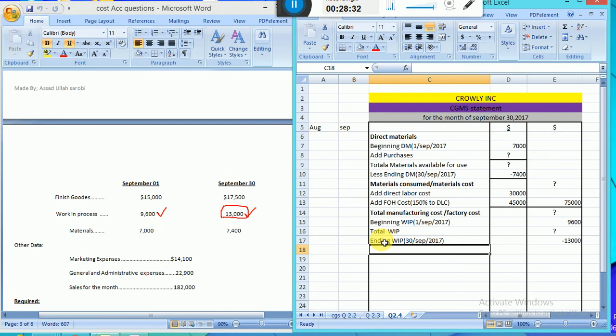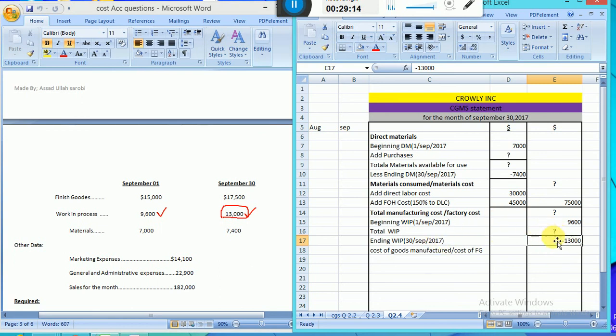Now when work in process ends, we produce the finished goods. How much cost of finished goods did we produce during this month? That is called cost of goods manufactured, also called cost of finished goods. I will write FG for the finished goods. How much is their cost? We don't know. Why?